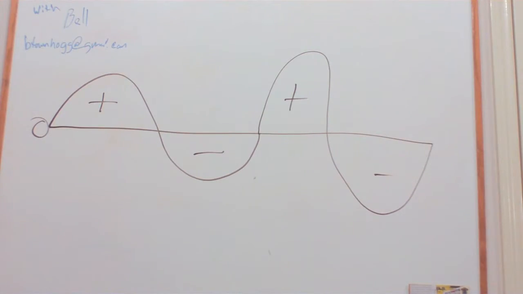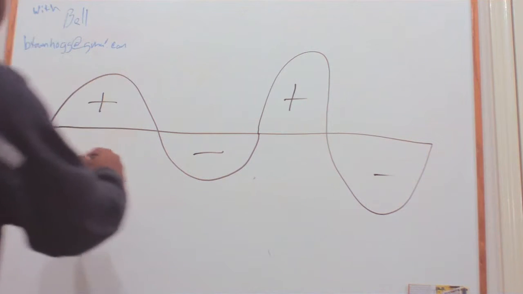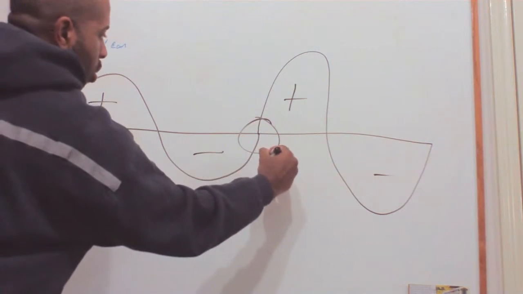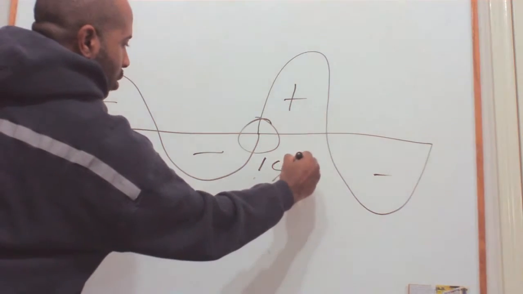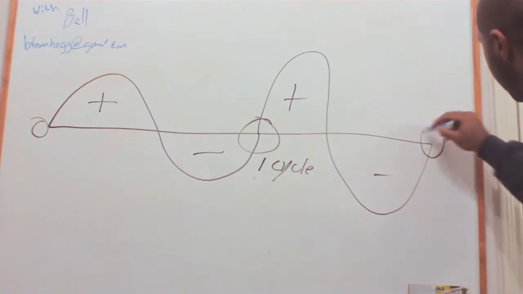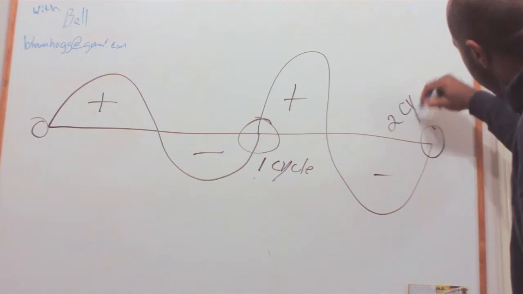All right, now let's draw the cycles. This is one cycle. You see that? One cycle right there. And then this right here is 2 cycles.